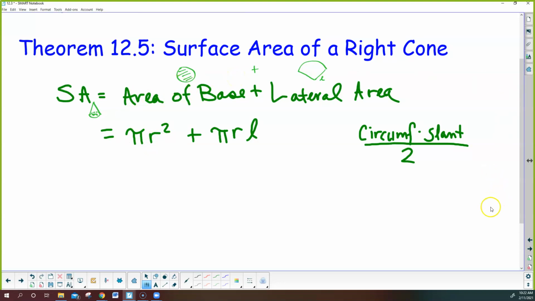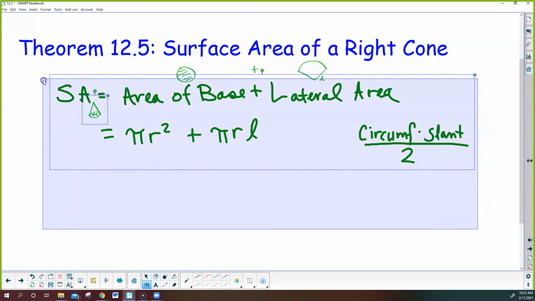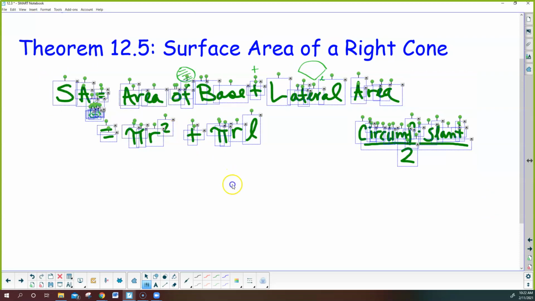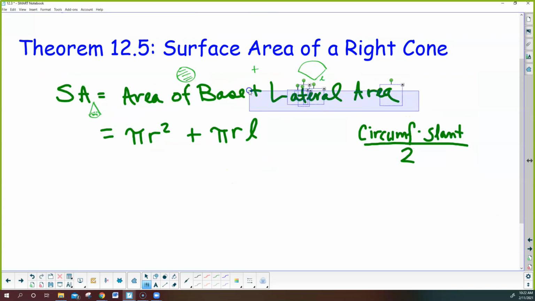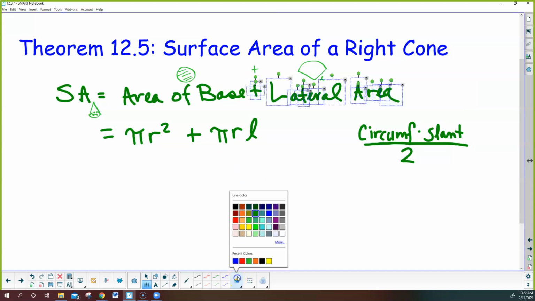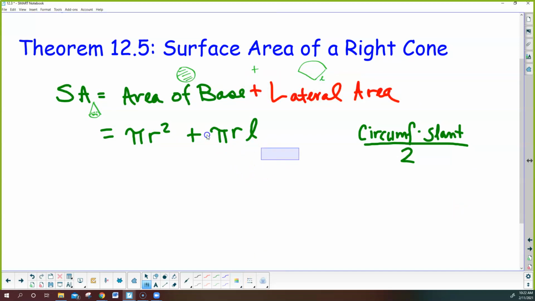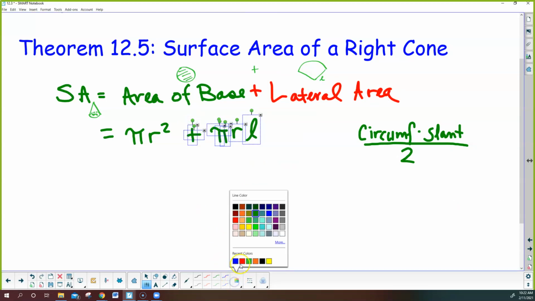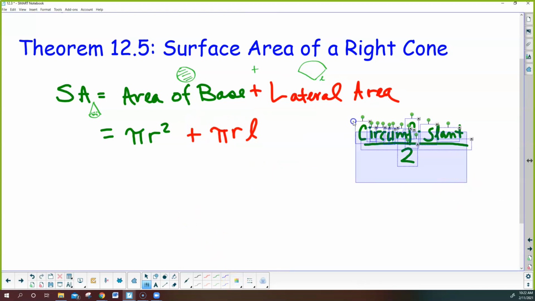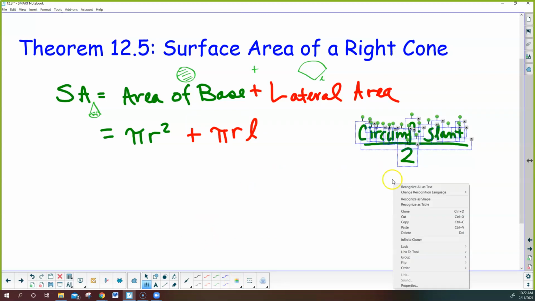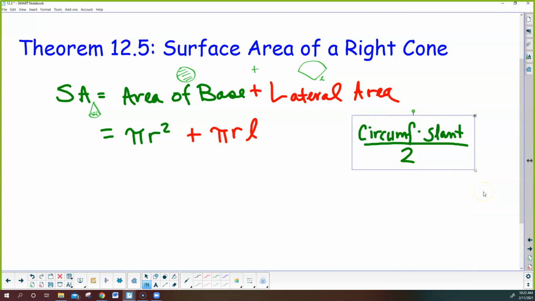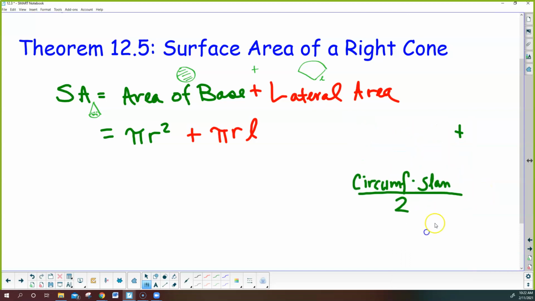You know what I'm going to try to do? I think this might really help if I can do it. I'm going to try to make this a different color, so you can see where the pieces come from. And that is, okay.